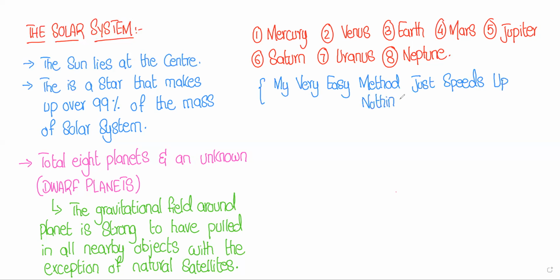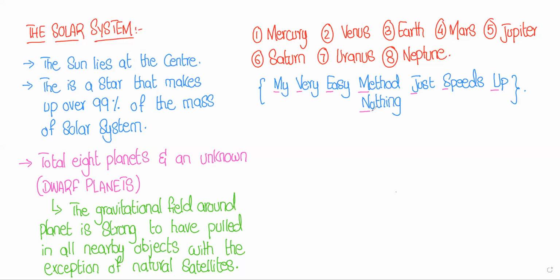That is the rhyme to remember the sequence of the solar system. Just take the first letter of each word of this rhyme, and you will get the sequence of the solar system, right? Right, sir. Okay.